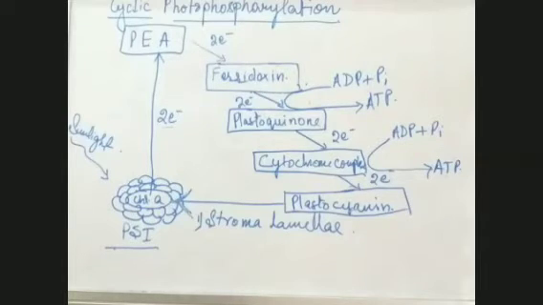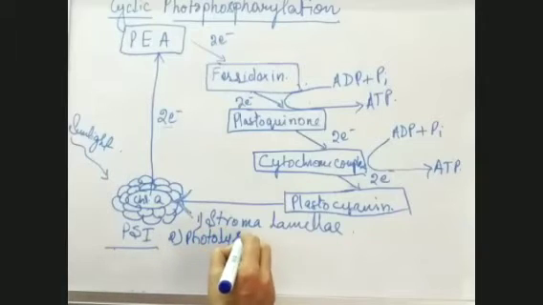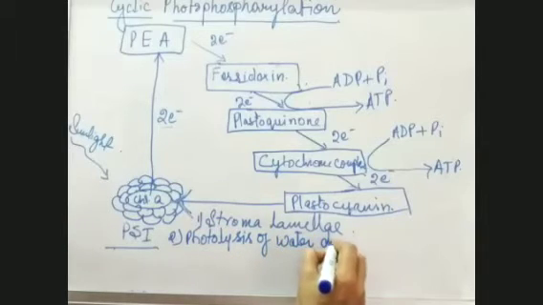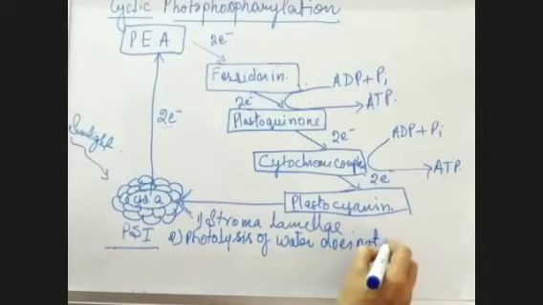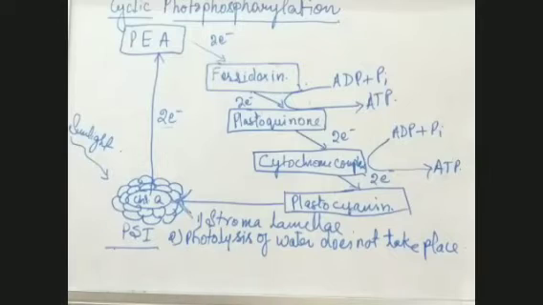But in this system, no NADPH2 is formed. So again, there is no need of photolysis. The second important point is, photolysis of water does not take place. This is the second point of the cyclic photophosphorylation.